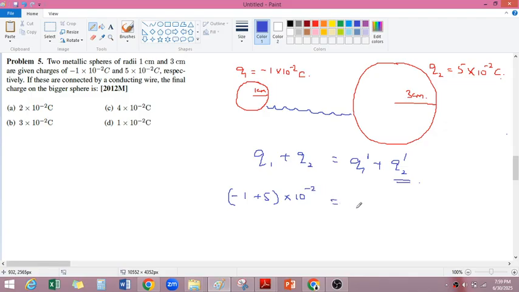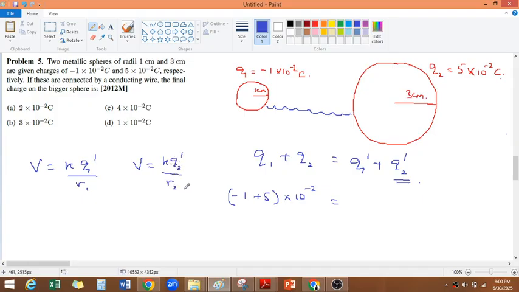Q1 dash, I can say K Q1 Q2 by, so the final voltage V will be K Q1 dash by R1. Final voltage in the second sphere will be K Q2 dash by R2.